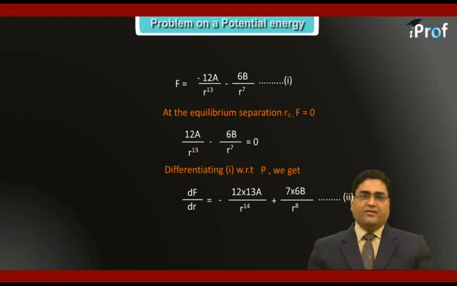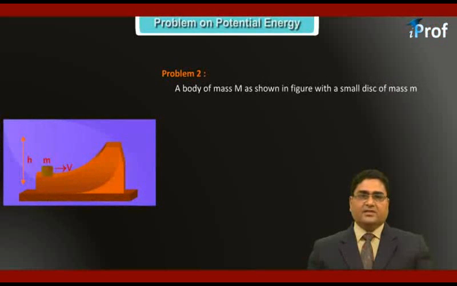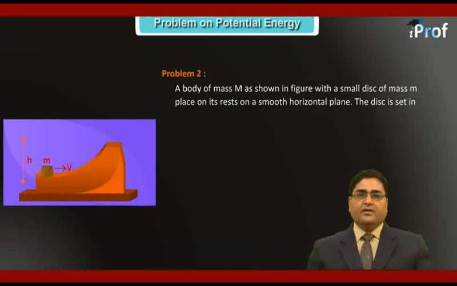Now let us look at one more illustration based on the principle of conservation of mechanical energy. As shown in the figure, a body of mass capital M with a small disk of mass small m placed on it rests on a smooth horizontal plane.